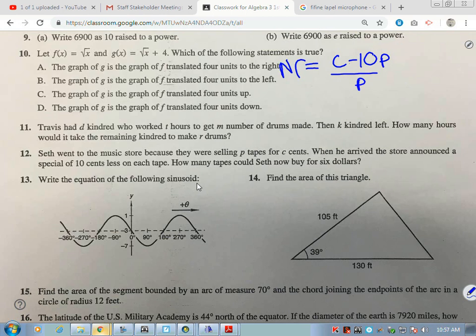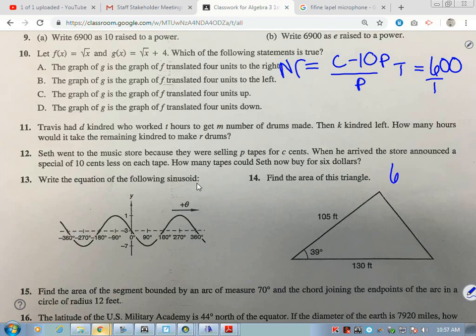And so if we want to know, essentially we're calling it time, how many of these we can buy for $6, we're going to multiply by the reciprocal. But because it's in cents, I'm going to change $6 to 600 cents. And we're going to multiply that by the reciprocal.